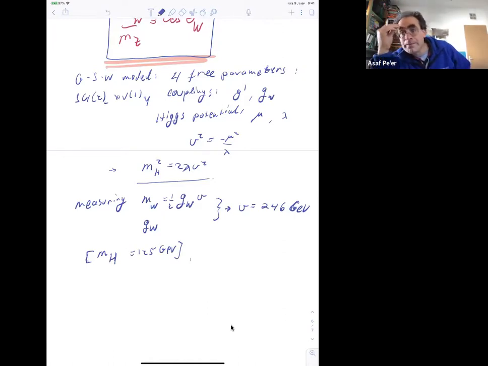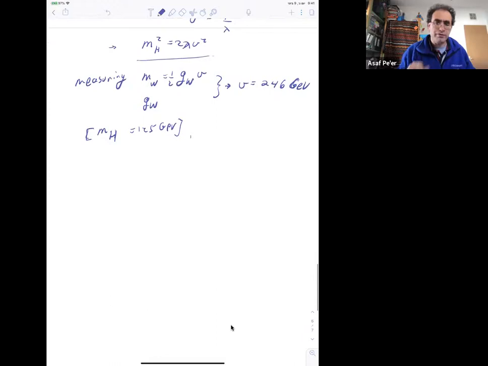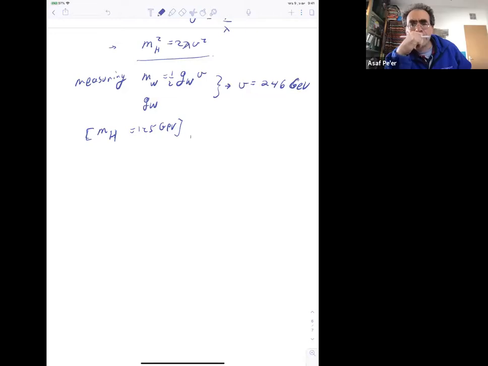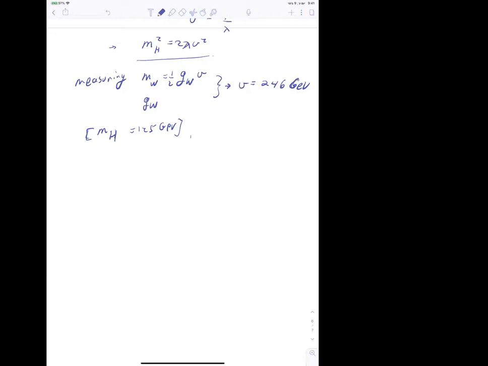Cool. Let's proceed, because we do need to finish at least that. I want to end up with discussing the discovery of the Higgs. Does this mean that lambda is almost exactly 1/2 or something like that? It seems like 125 is almost half of 246, almost exactly half. True.